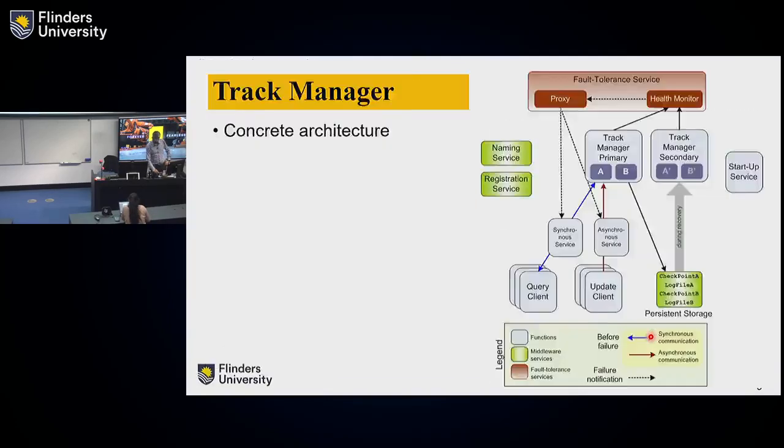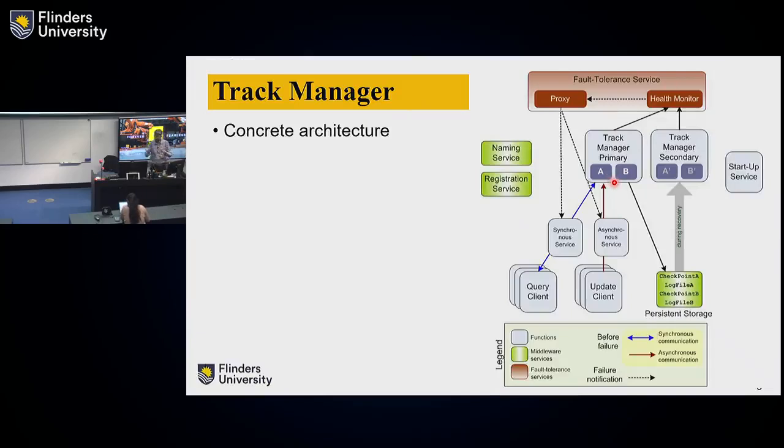But because of identifying these quality attribute scenarios, our architecture has changed. We have many more components. For example, instead of one instance, we have two instances of Track Manager, A and B. If A is busy, B can receive the request, and if B is busy, A can receive the request.